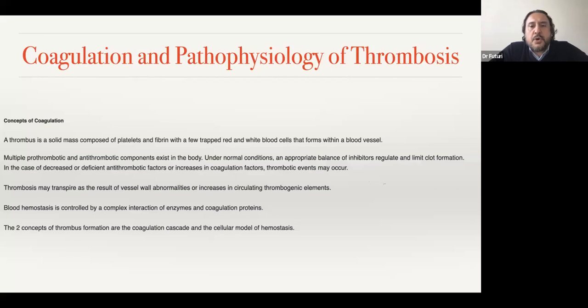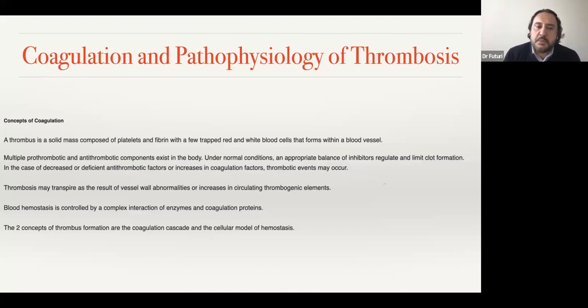And as you all know, homeostasis in the body, or an appropriate balance of these inhibitors and antithrombotic elements, is important. Thrombosis can occur if there's, for example, a decrease in certain natural antithrombotic factors such as protein C and S, or an increase in certain coagulation factors. Some of these thromboses can occur as a result of damage to the vessel wall or abnormalities.